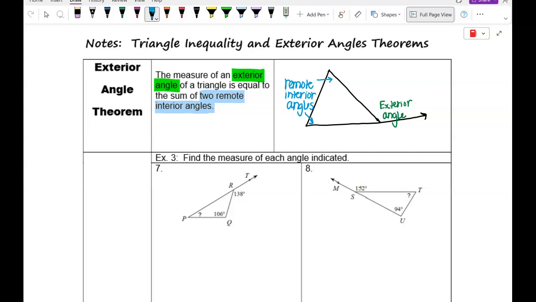So if the exterior angle and its adjacent angle have to add up to 180, and the three angles in a triangle have to add up to 180, that means the two inside that are not adjacent would have to have the same value as that exterior.